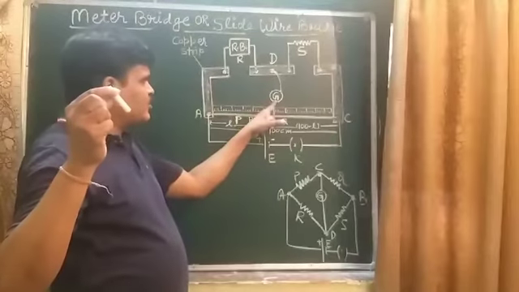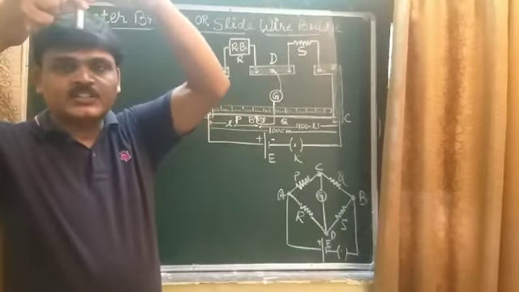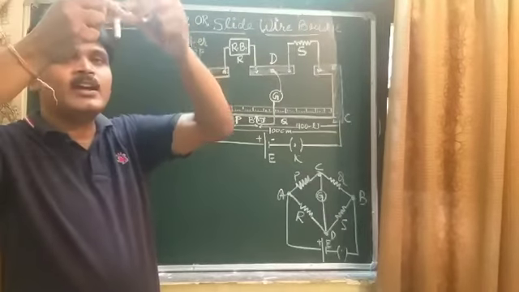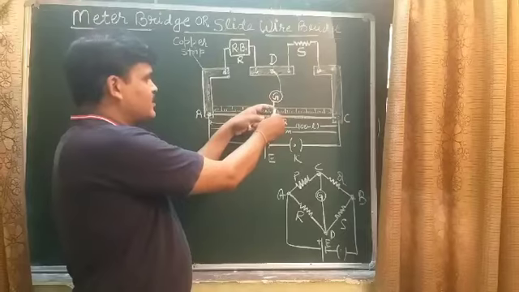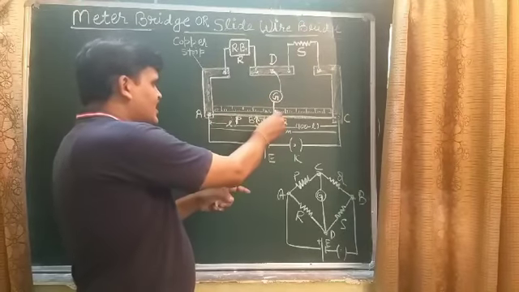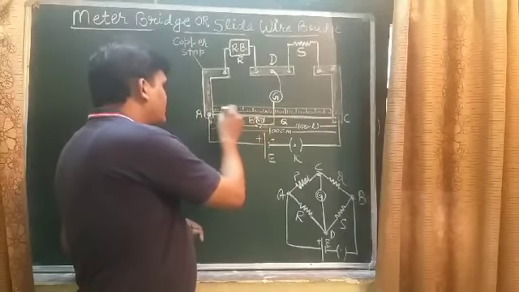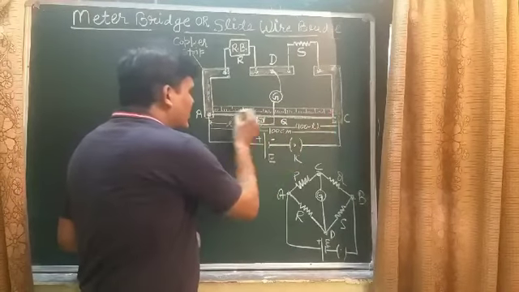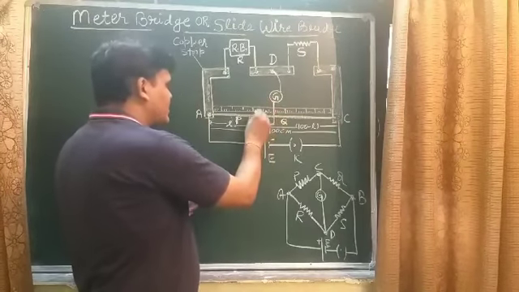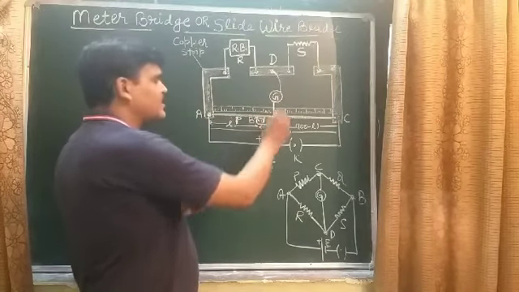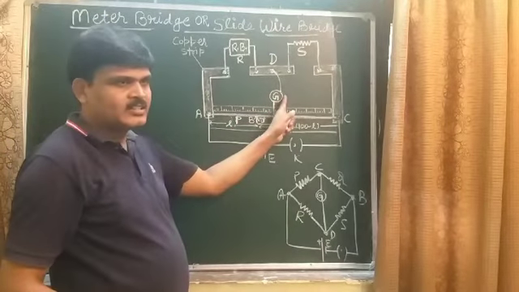One end of the galvanometer is connected with the jockey, J-O-C-K-E-Y, and the jockey touches the wire AC at any point on the wire, which shows a deflection in the galvanometer either in the left direction or in the right direction.